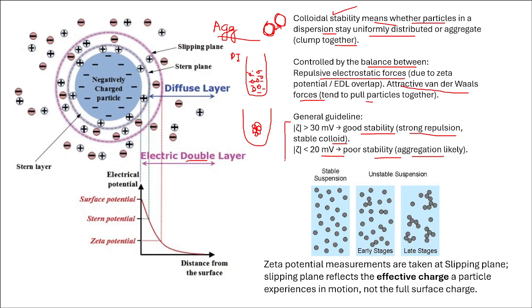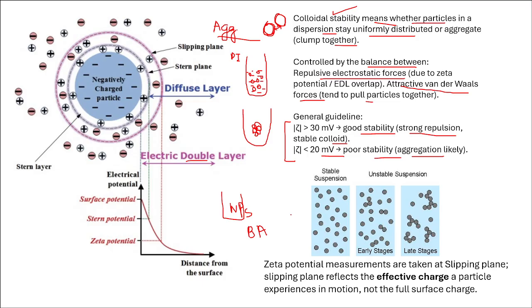Now, this value is subjective to what kind of sample you are making, because whenever we're talking about biological samples, or nanoparticles that are intended for biomedical applications, like nanoparticles for drug delivery, nanoparticles for theranostics, in that case, very high zeta potential value is also harmful.